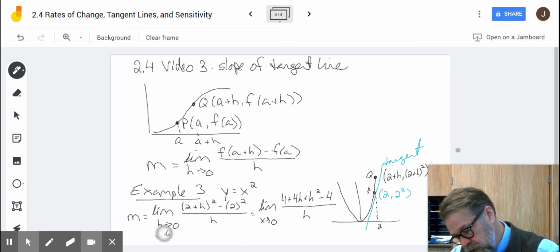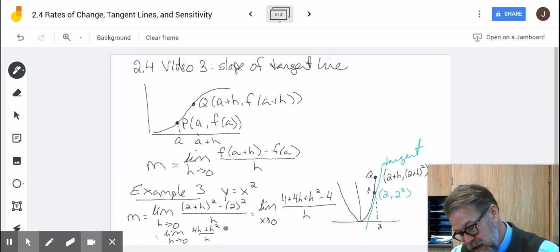4 minus 4 is 0, so this becomes the limit as h goes to 0 of 4h plus h squared over h. Well, 4h plus h squared divided by h is the same as 4h divided by h plus h squared divided by h.